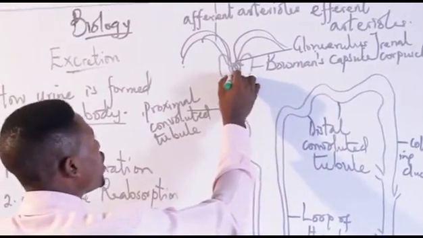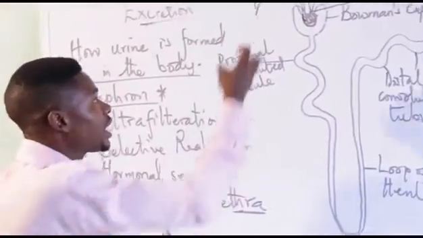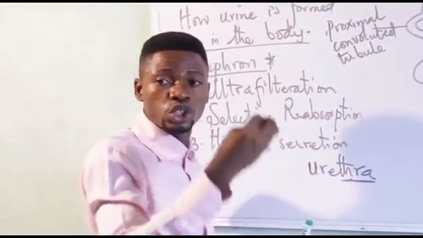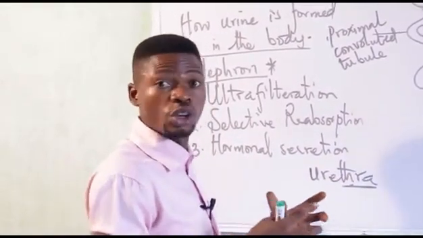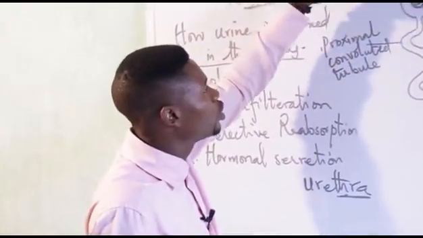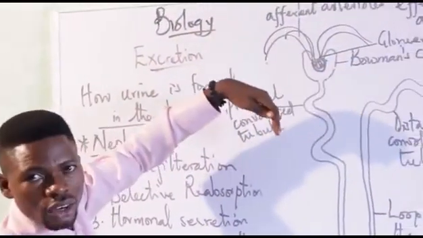This sieve, let me call it a sieve now, will only take out the small particles, the small molecules. The large molecules of your blood cells are not going to be filtered along. But the molecules of your calcium, your sodium, they will be filtered along here.